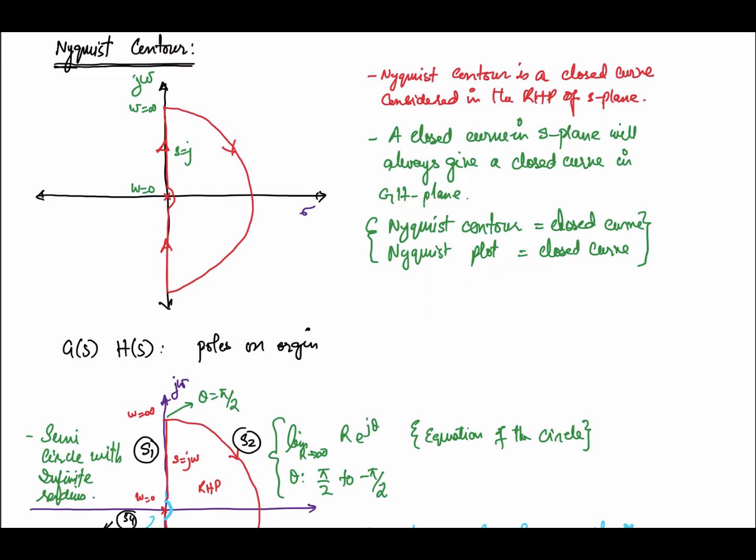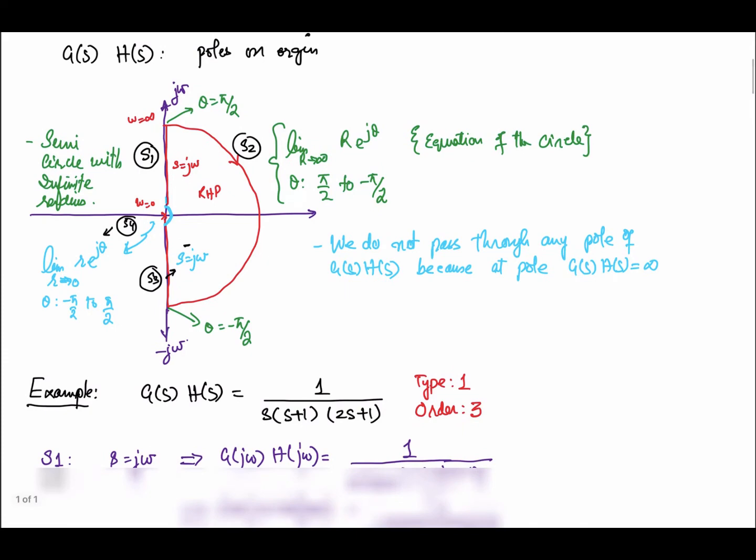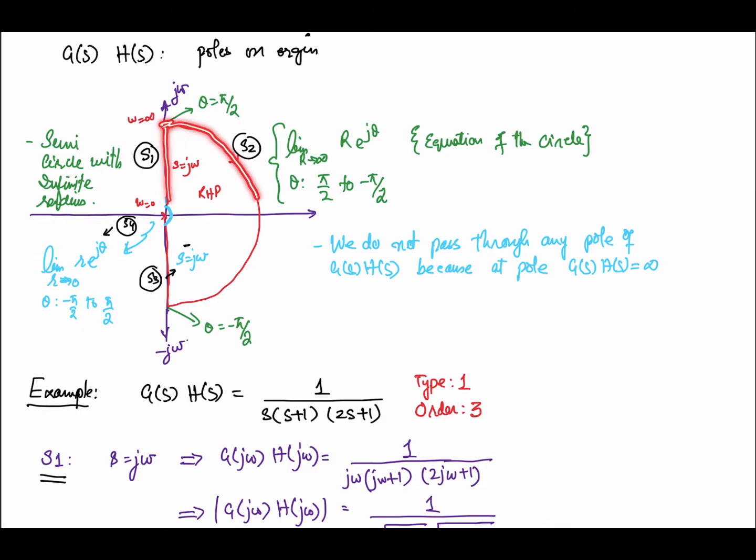Okay, so we are going to consider the entire right half plane, so that you can look at this contour. The first part of this contour is from here to here, and in this the omega is going to vary from 0 to infinity. Then we will move over this circle, a circle of infinite radius whose equation is limit r approaching infinity of r e raised to the power j theta.